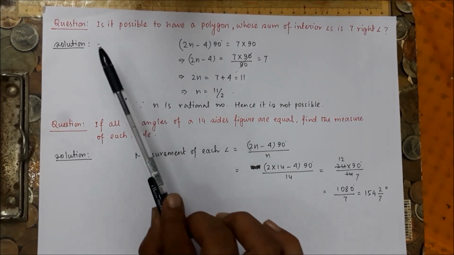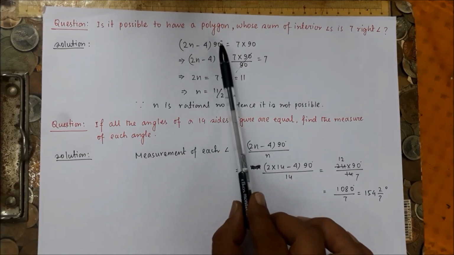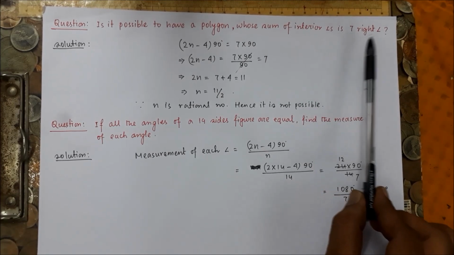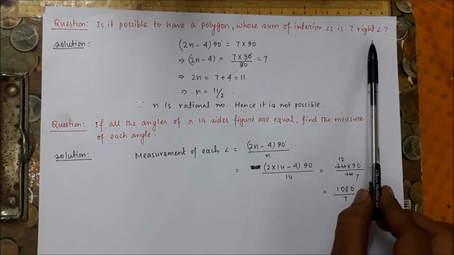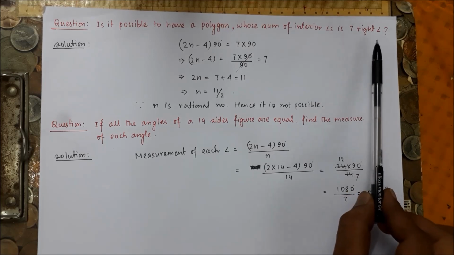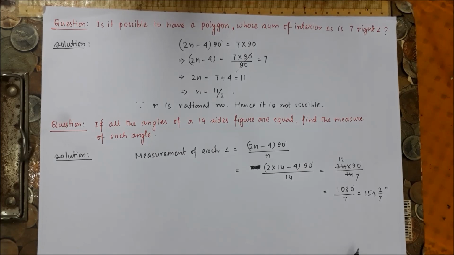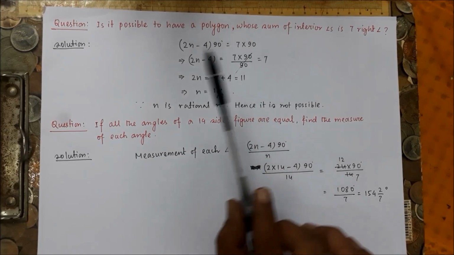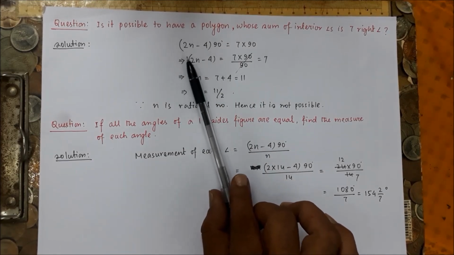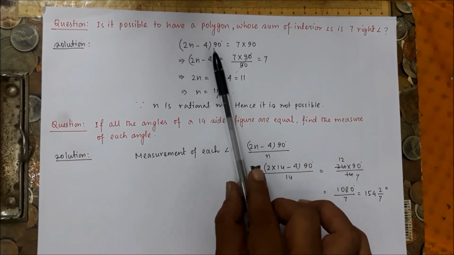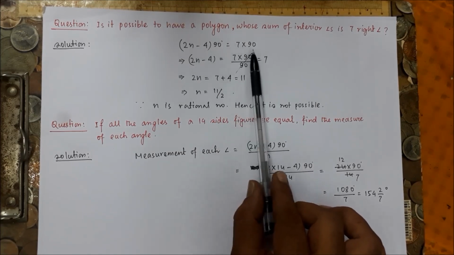Now the next question is, is it possible to have a polygon whose sum of interior angles is 7 right angles? 7 right angles means 7 into 90 degrees. So we consider (2n minus 4) into 90 degrees, which is the formula of sum of interior angles, equals 7 into 90.